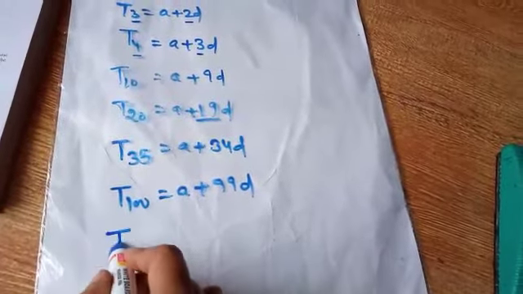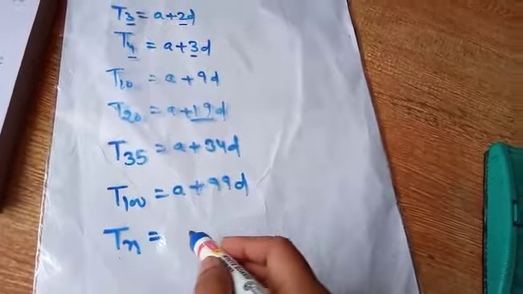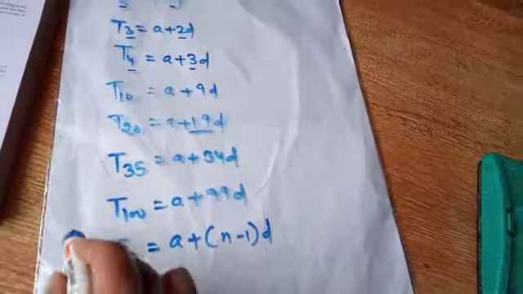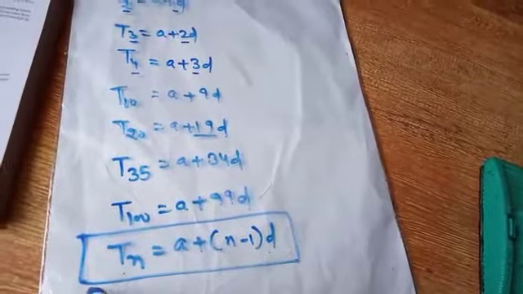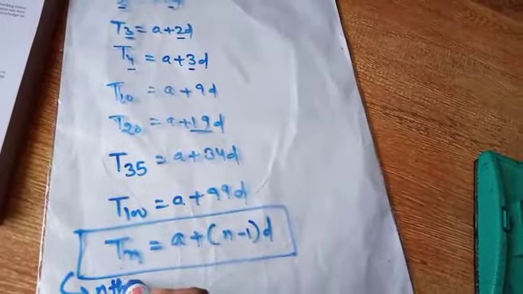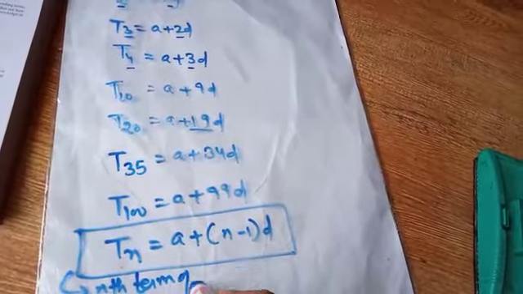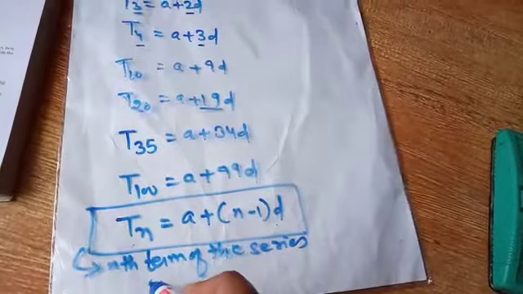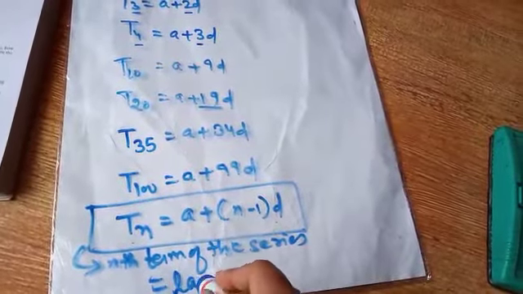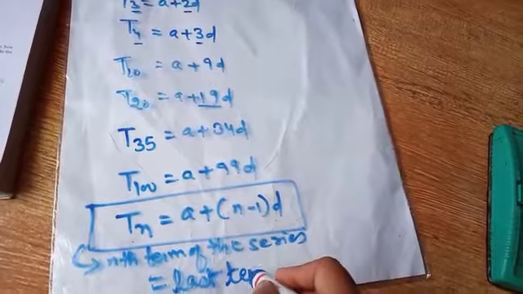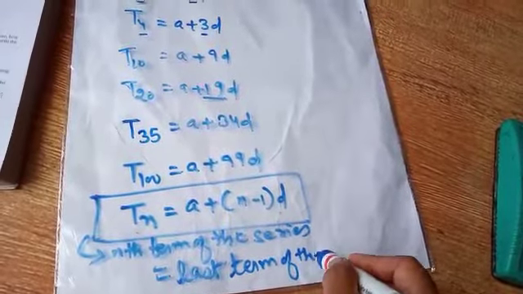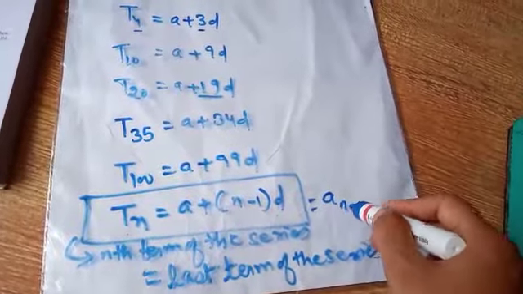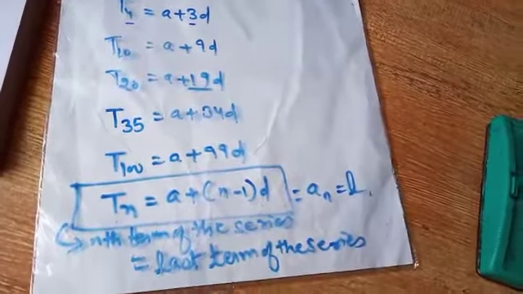एक कम लिखा है. Okay, now come to a variable. Tn will be a plus n minus 1 into d. So this is the formula for nth term of the series, and that is also known as sometimes the last term of the series, and is denoted by L also.